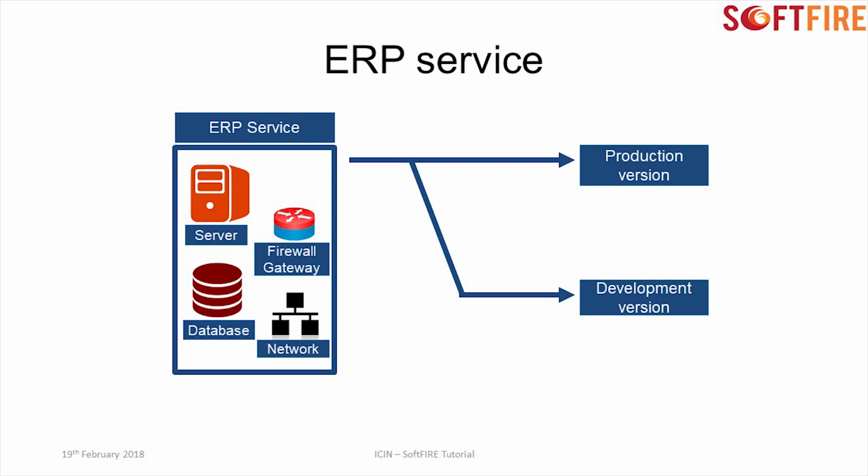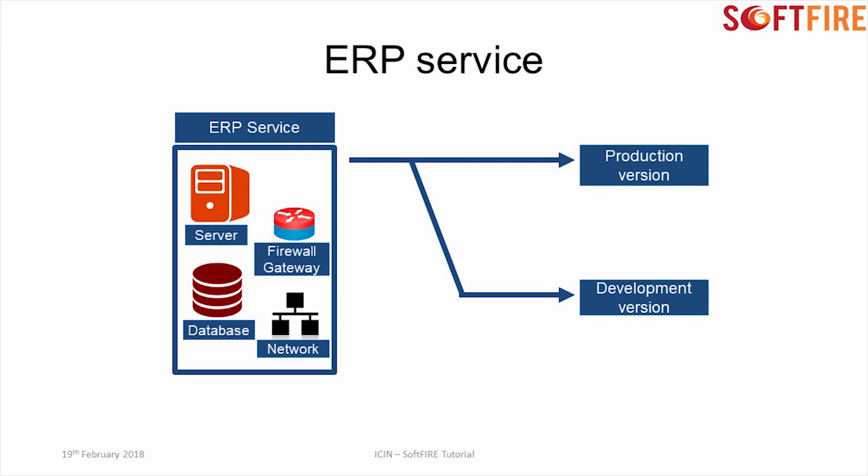Furthermore, we also want to have some kind of security, so we have a firewall gateway. Last but not least, we also need a network topology inside which our service will be run.